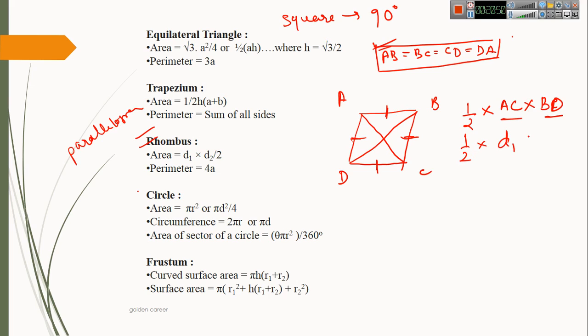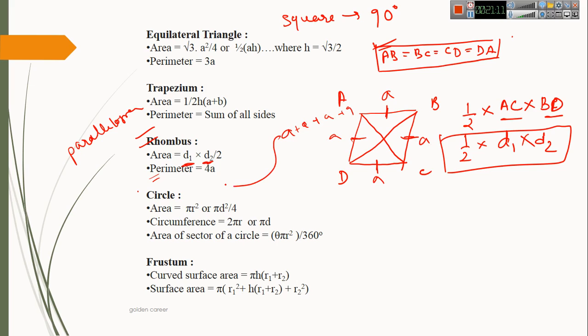If AC is D1, then BD is D2. This is the area of the rhombus. Here D1 and D2 are the diagonals of the rhombus. And perimeter is same as the square, that is a plus a plus a plus a is equal to 4a.